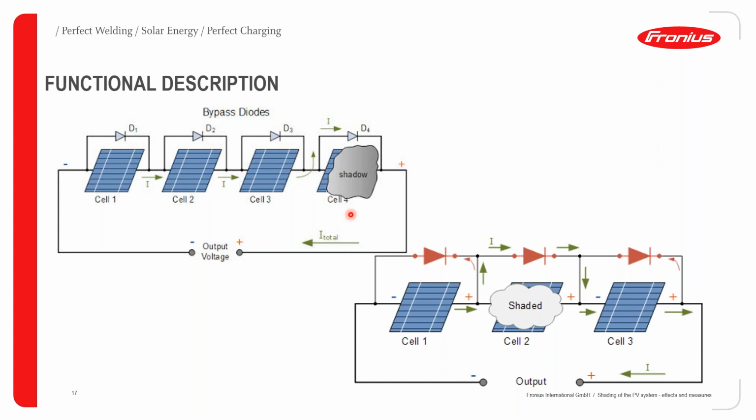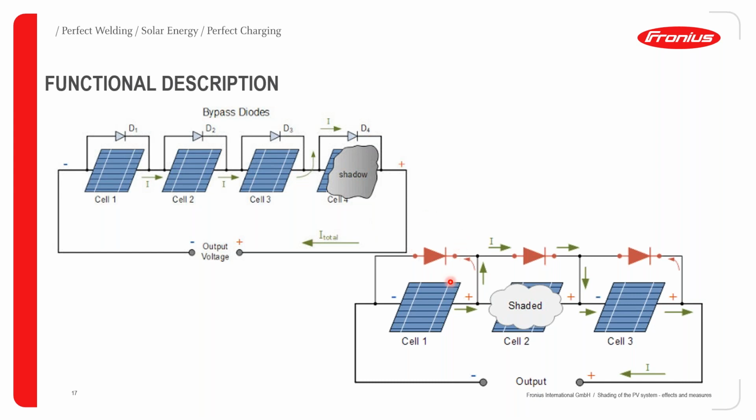So whichever cell is impeded is bypassed automatically by the bypass diode, and then you now get an output that exempts the power of the shaded cell. So I believe that's done justice to explain how the bypass diodes function.